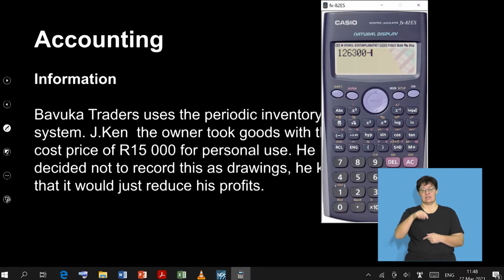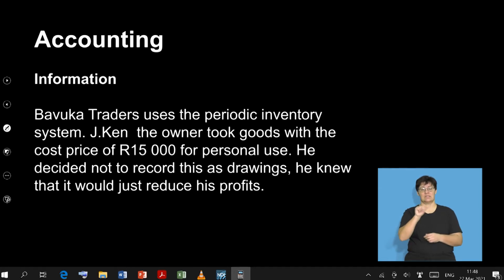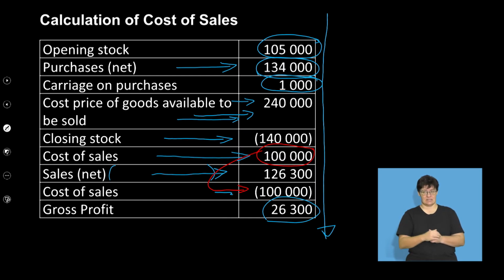Here you can see 126,300 minus 100,000 will give you 26,300. So therefore, looking at this here, you can see there's your 26,300 as your gross profit. Okay, so we're done and dusted with that question.